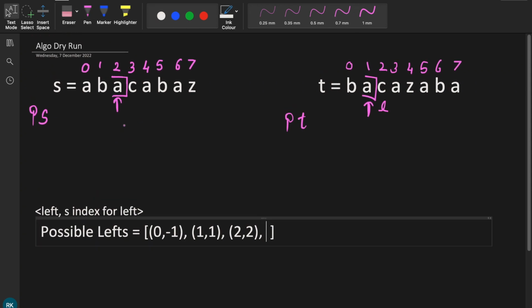In the same way as previously, we increment both the PS and PT pointers. Now our PT pointer points at the second index and the PS pointer points at the third index. Again C and C are equal, so we insert the next possible left. The left will be PT plus 1, that is 3, and S will be PS, which is 3.